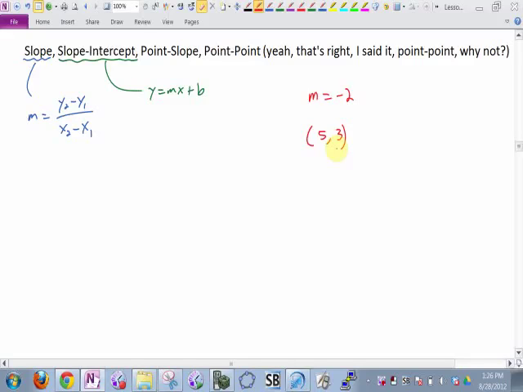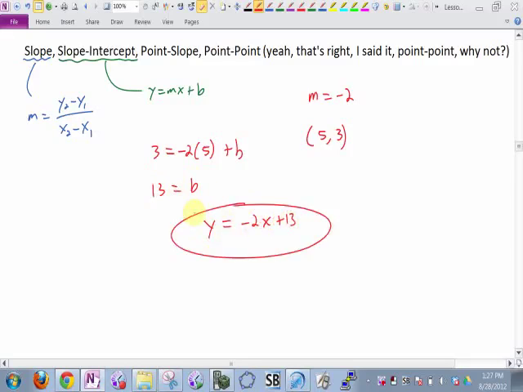No reason it's not, right? You plug -2 in for m. What do you do with the 5 and the 3? You plug them in for x and y. So you're going to have 3 equals -2 times 5 plus b, and then you just solve for b. b equals 13. Bam. So you have the equation y equals -2x plus 13.